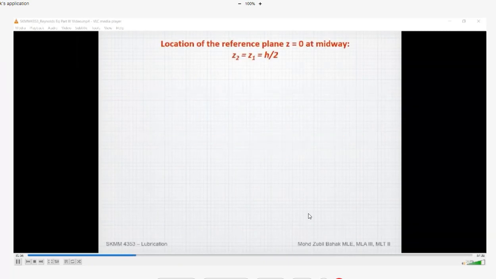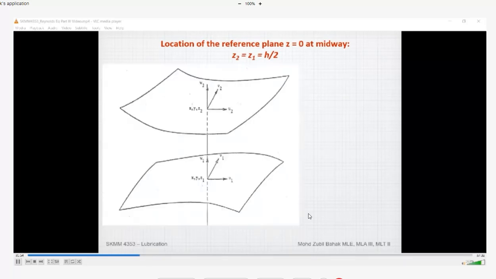Let's start with this. When the z-axis is in between two surfaces, as shown here, this is the point where z is equal to 0. Then the boundary conditions.